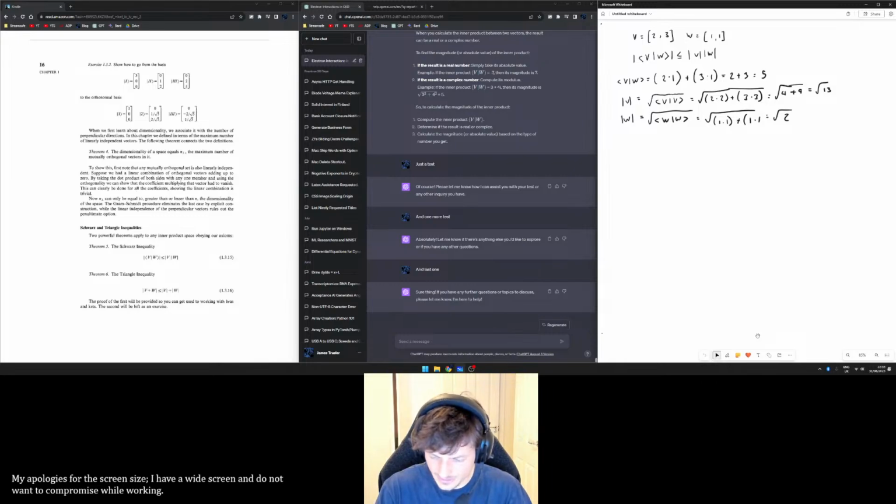And then I multiplied the magnitudes together, so it's going to be the square root of 13 multiplied by the square root of 2, which is roughly 3.61 times 1.41, which equals 5.1.